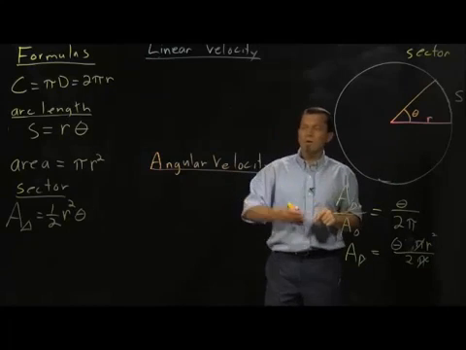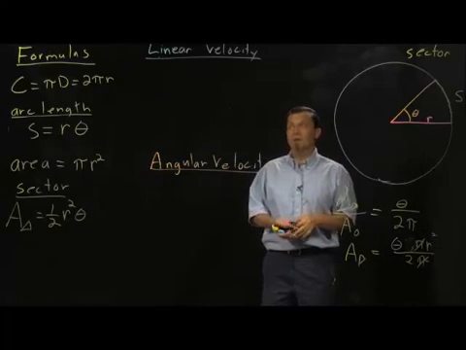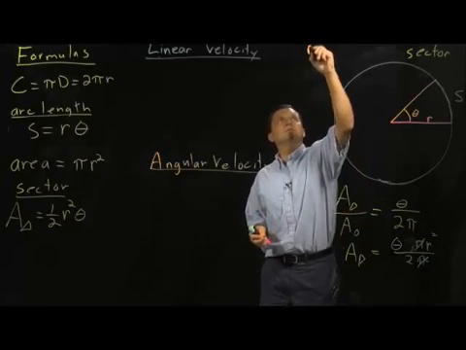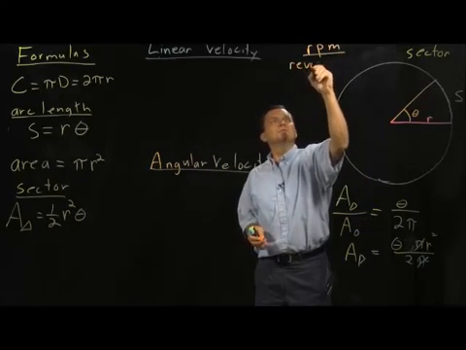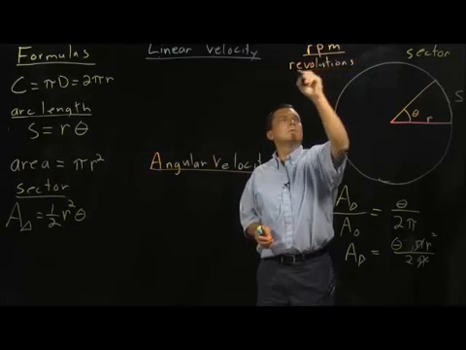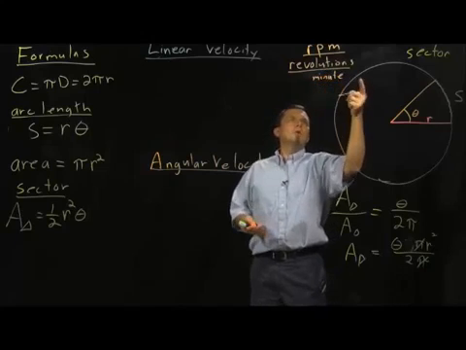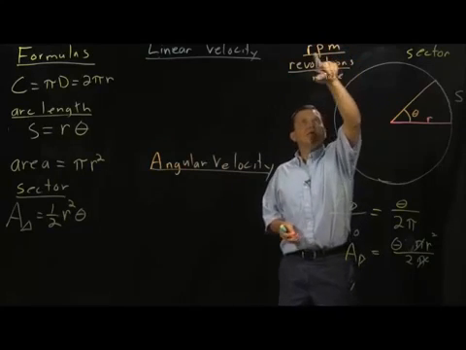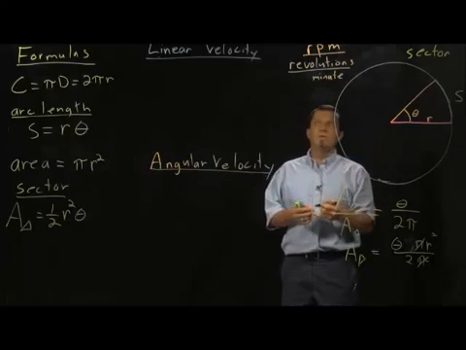Now, there's one other velocity that we think about, and we see this a lot. This is RPMs, revolutions per minute. Really, when I think about RPMs, it's the number of times we spin around per unit of time.